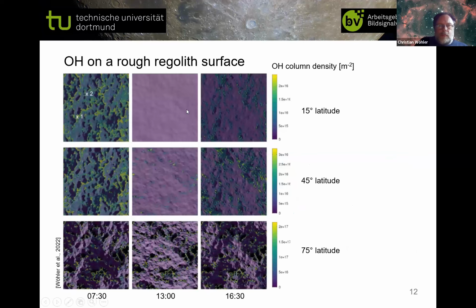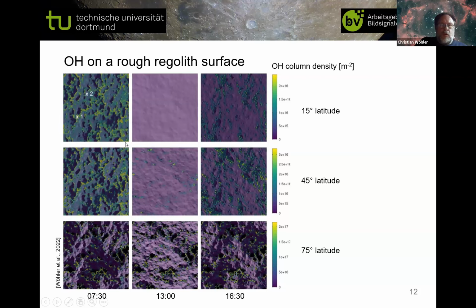Okay, and now I will mention very briefly our first results regarding hydroxyl on a rough regolith surface. This has not yet been published as a full paper, but only as an LPSC abstract. What we did was to take one of Kai's fractal surfaces, which has an extension of 200 by 200 millimeters.